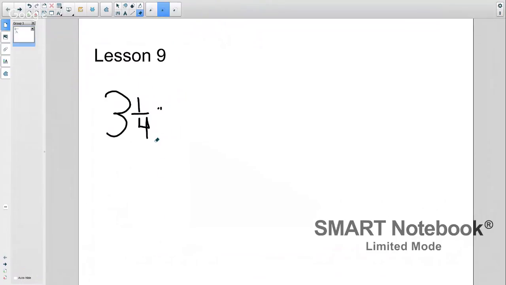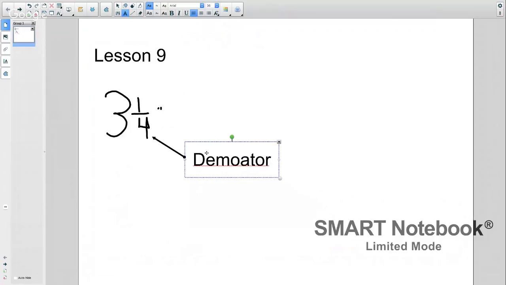So this is the denominator. The denominator.